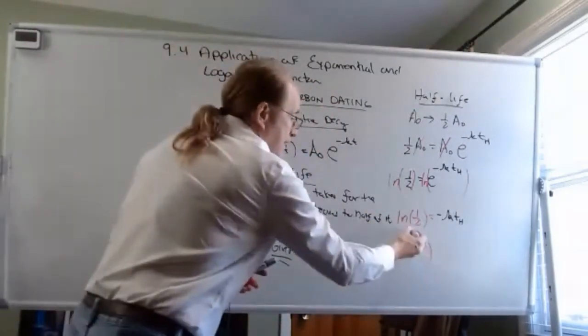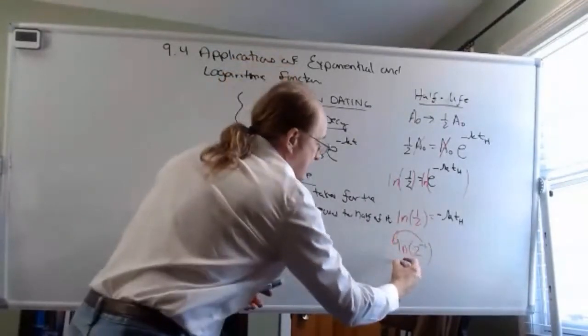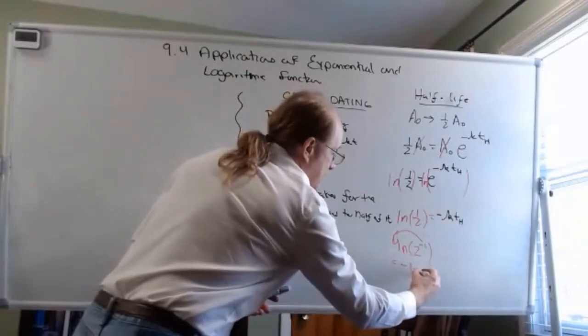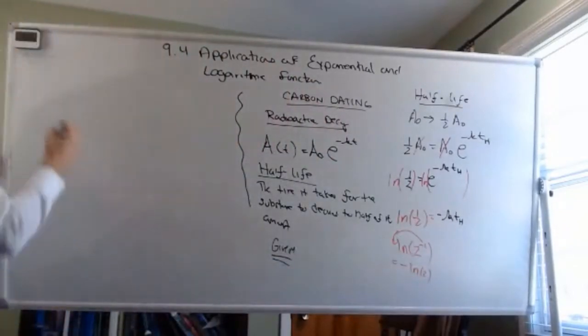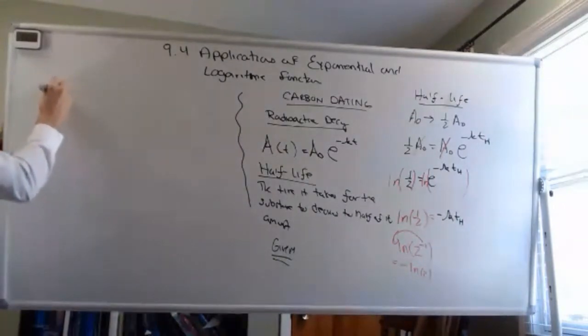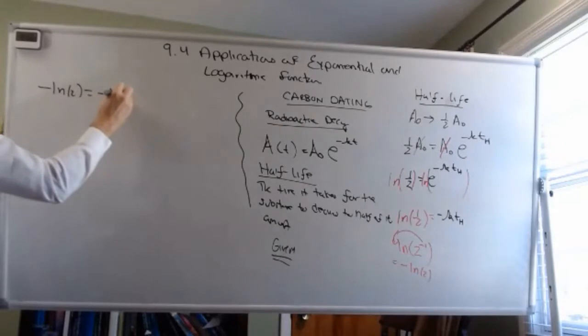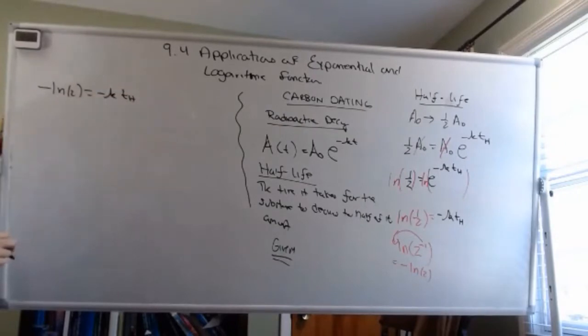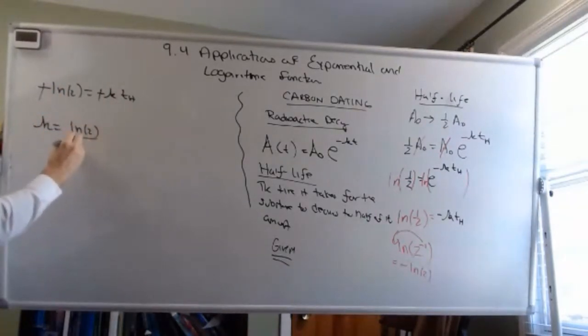I can bring the negative 1 out front, so that is equivalent to minus the natural log of 2. So the left-hand side I can replace with the negative of the natural log of 2, equal to the negative of k times the half-life time. The negatives cancel out. Solving this for k and flipping around, I get k is the natural log of 2 over the half-life time.